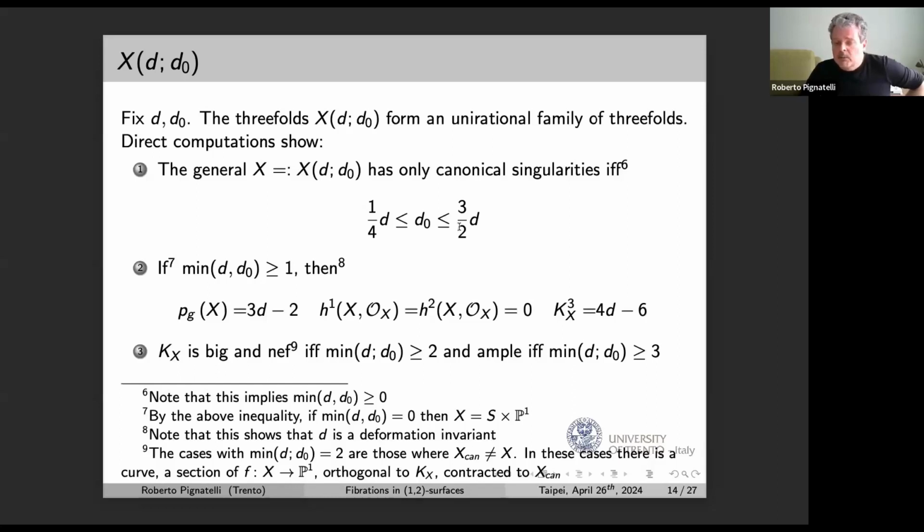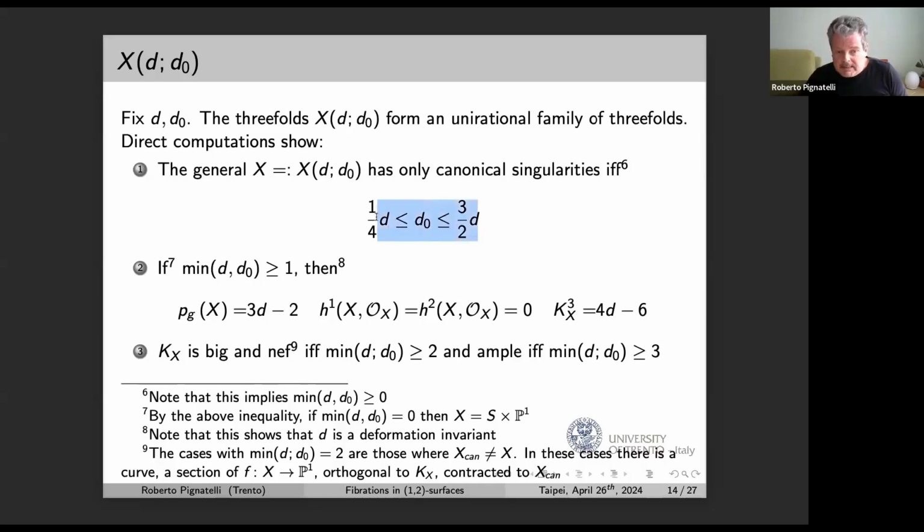Well, I still haven't explained what D0 and D are, but now I'm going to do it. But see, we have these two numbers, and we have this relation, because if you make D0 smaller than 1/4 D or bigger than 3/2 D, then a direct computation shows that the linear system has a base locus where every element has to be singular, not canonical.